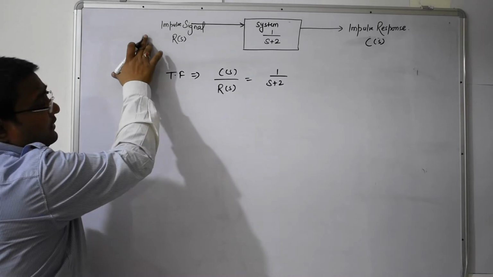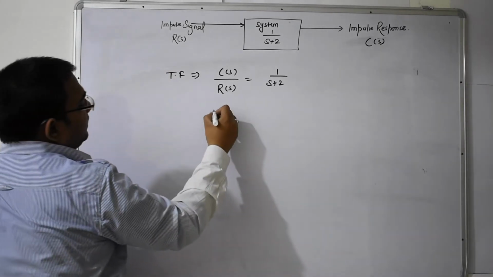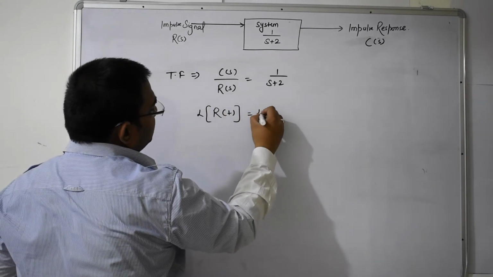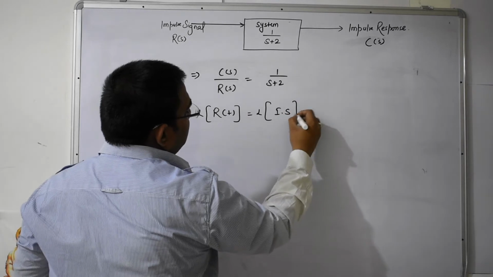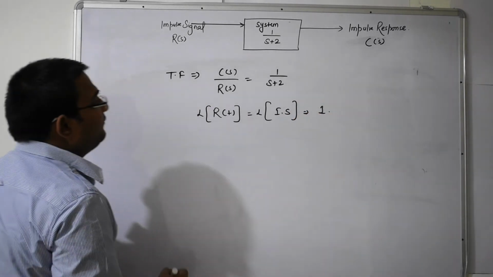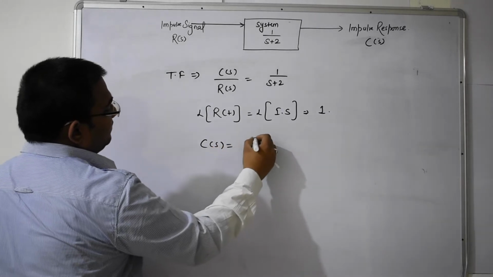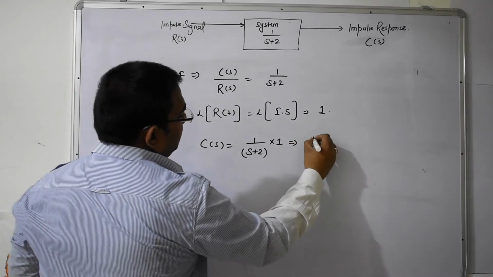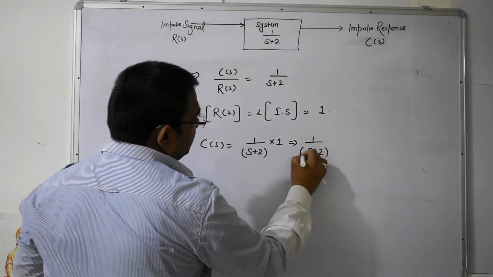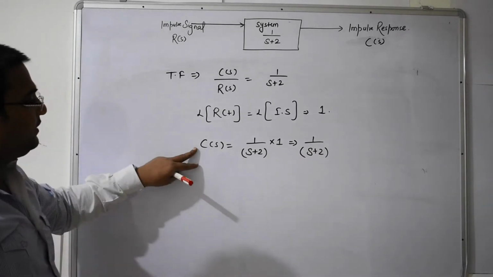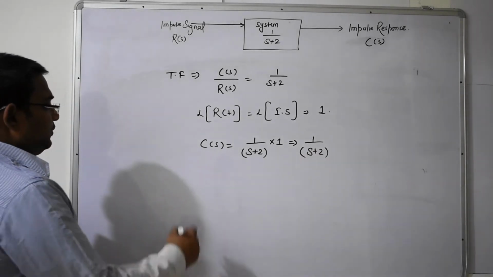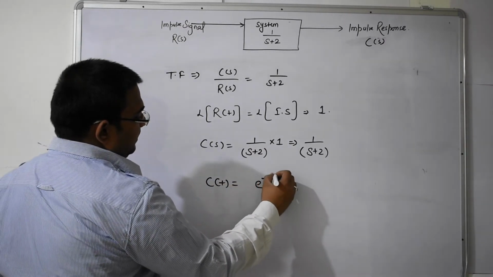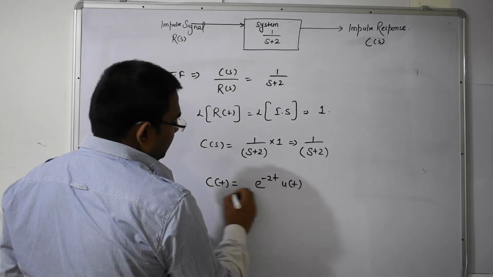So if I am considering at the input side impulse signal, the Laplace transform of r(t) is equal to the Laplace transform of impulse signal, that is 1. So C(s) will become 1 upon s plus 2 into 1, that is again equal to 1 upon s plus 2. Now I am taking the inverse Laplace transform at both sides. This results in c(t) equals e to the power minus 2t into u(t).